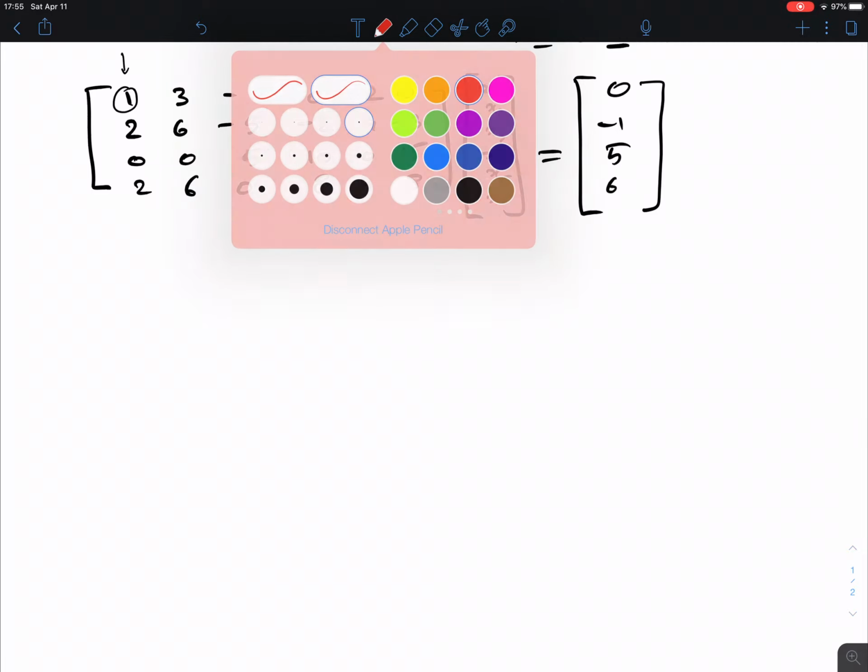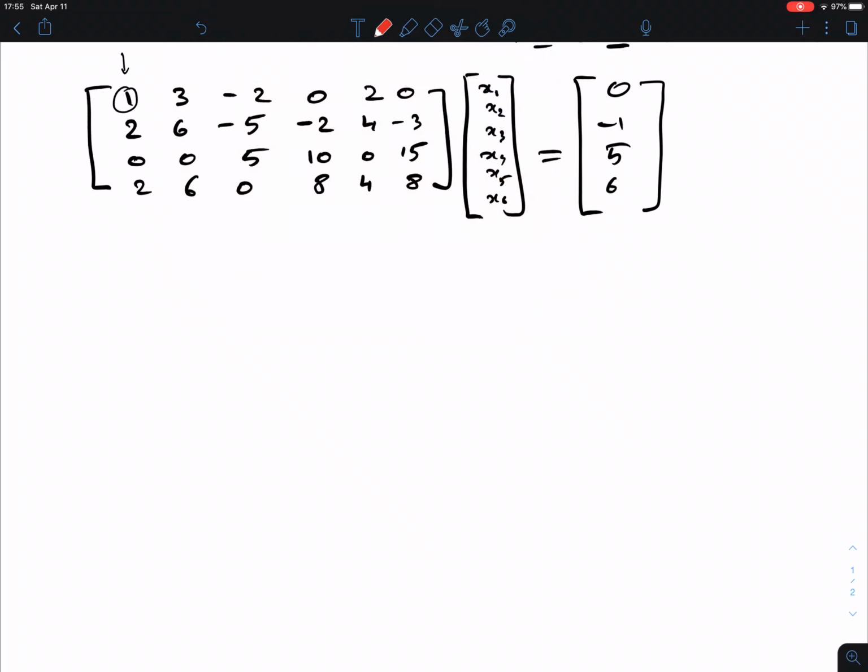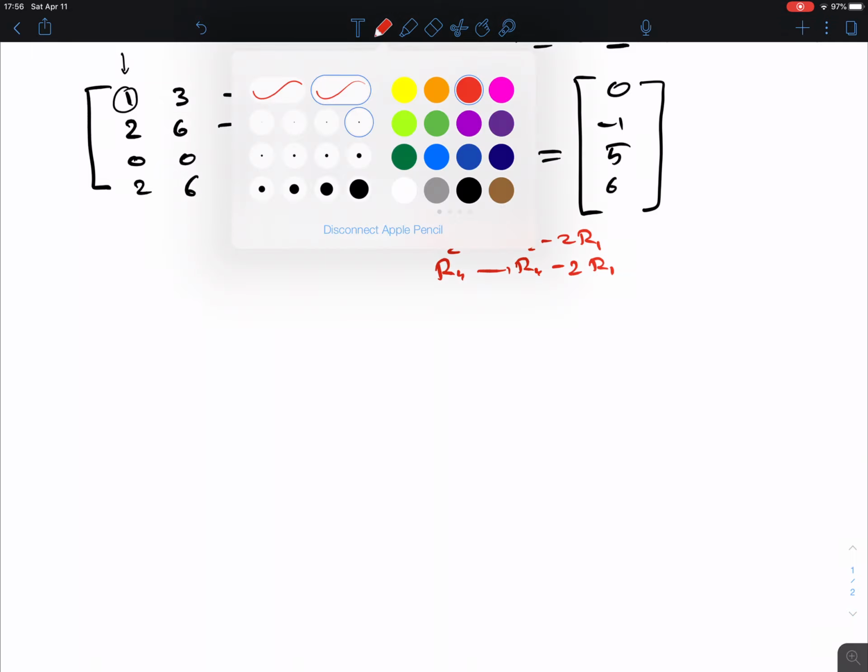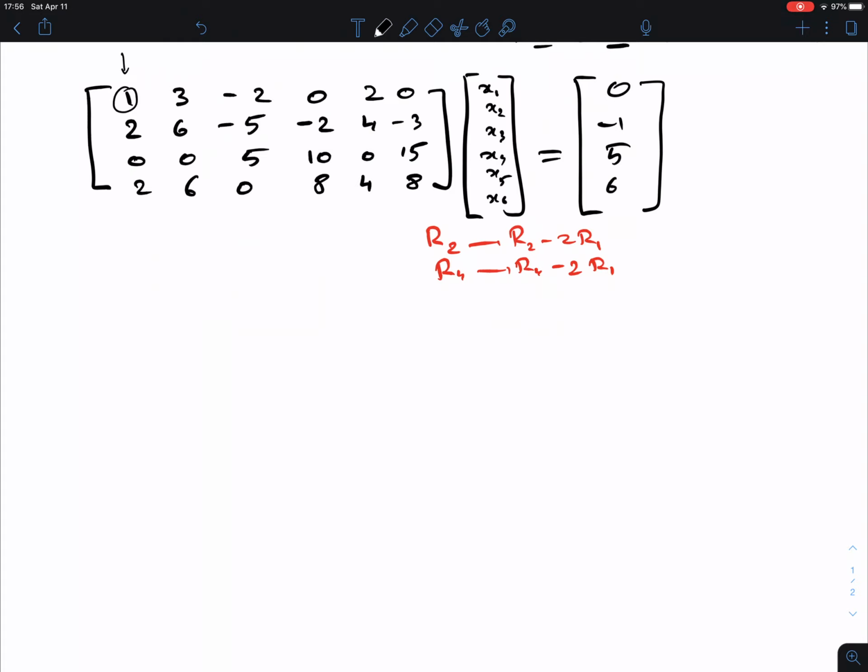So we have row 2 replaced by row 2 minus 2 times row 1, and row 4 replaced by row 4 minus 2 times row 1. Remember what we actually do is, I'll do it while I'm writing this down.